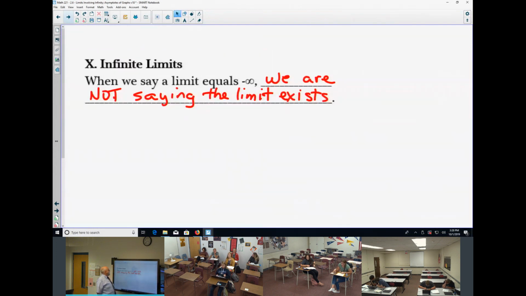All right, part 10, infinite limits. When we say a limit equals either infinity or negative infinity, remember, we are not saying the limit exists.